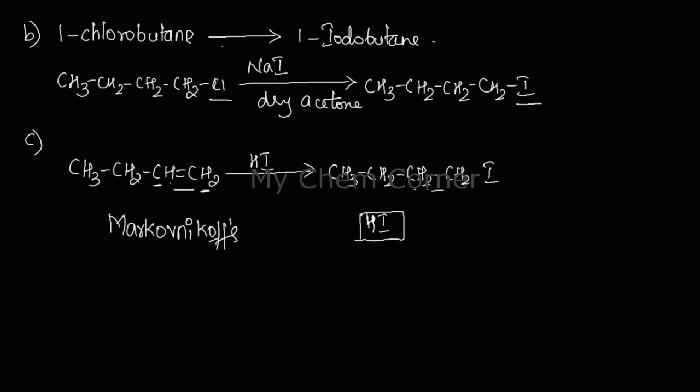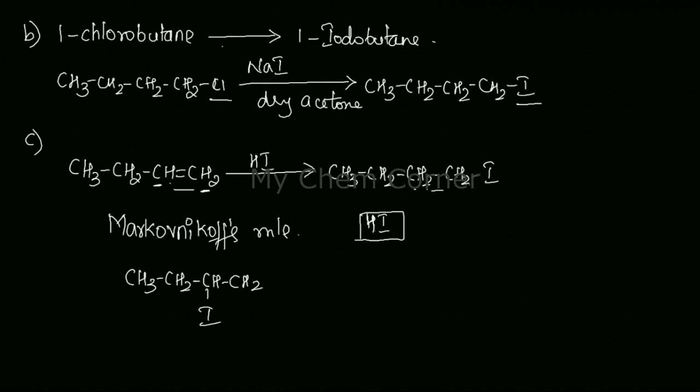But based on Markovnikov's rule, your major product as per the statement should be 2-iodobutane, because the negative part of the adding molecule should be bonded to the carbon that contains the least number of hydrogens. But what is the product that has formed here? The iodine has gone to the carbon containing more hydrogens.